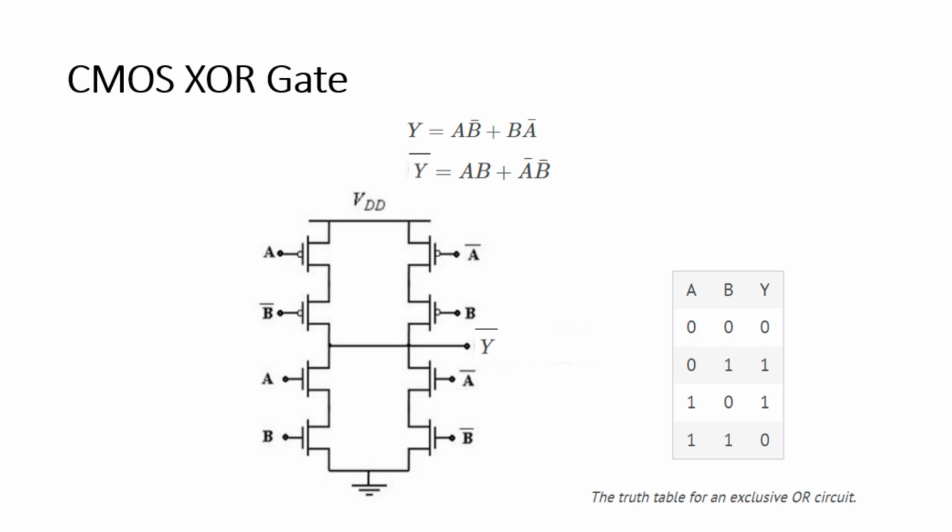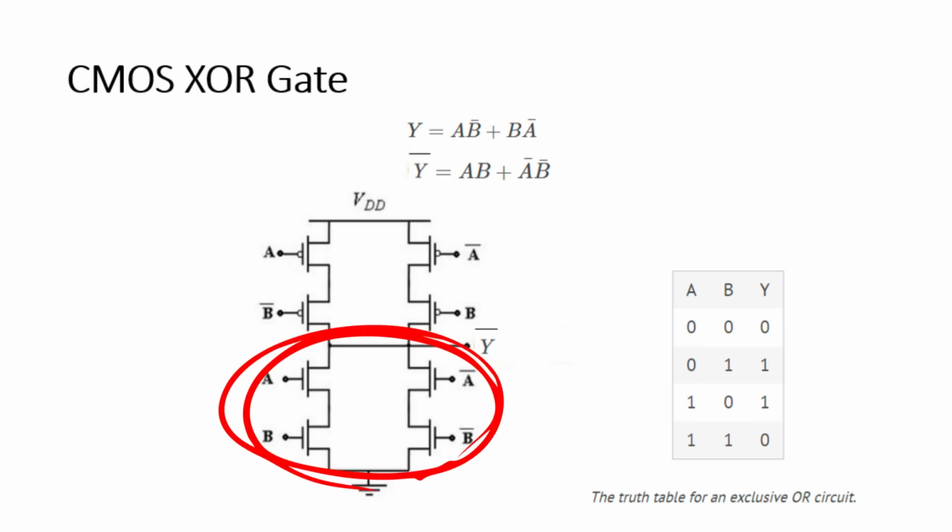Since there are two product terms, A dot B generates this part and A bar dot B bar generates this part. Now we need to combine these two parts in parallel, because addition means taking the parallel of these two terms.